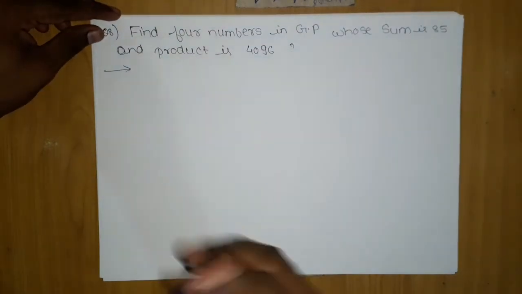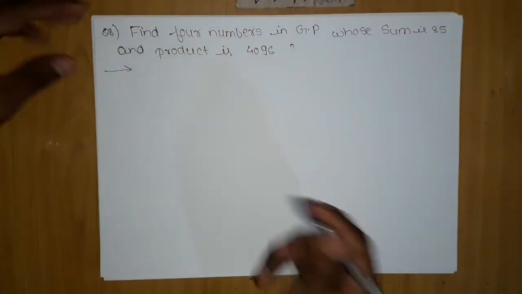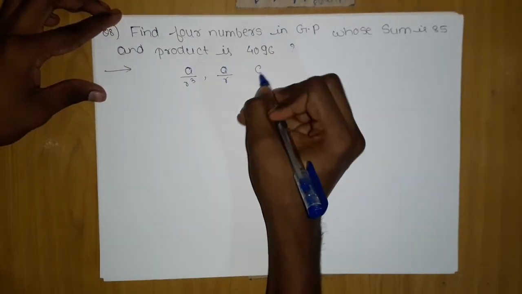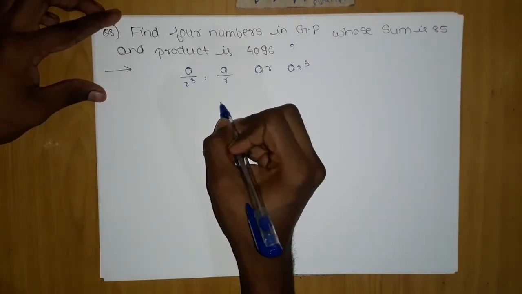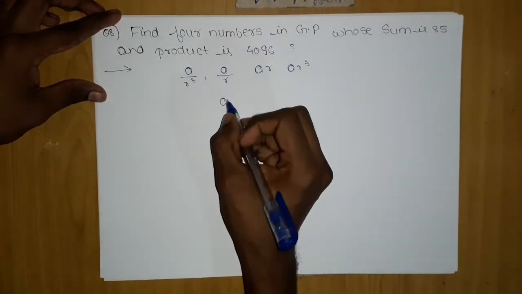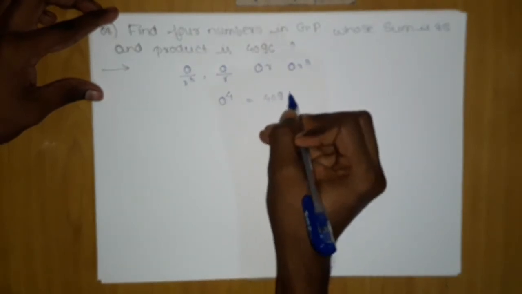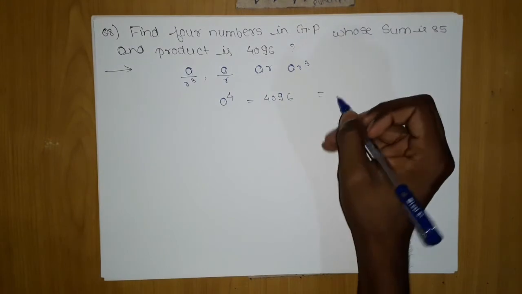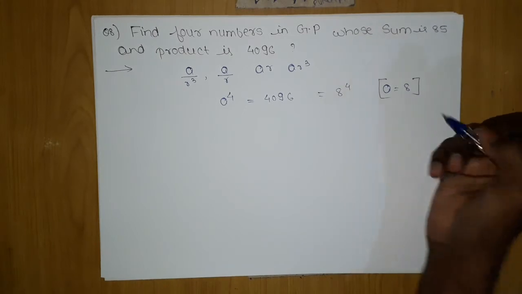Now as I have told you, when we take an even number of terms, the common ratio is r squared. So we take the terms a/r^3, a/r, ar, ar^3. Clearly, if I take the product, all the r terms will cancel out, which gives me a^4 equal to 4096, and this is nothing but 8^4. So we got a equals 8.